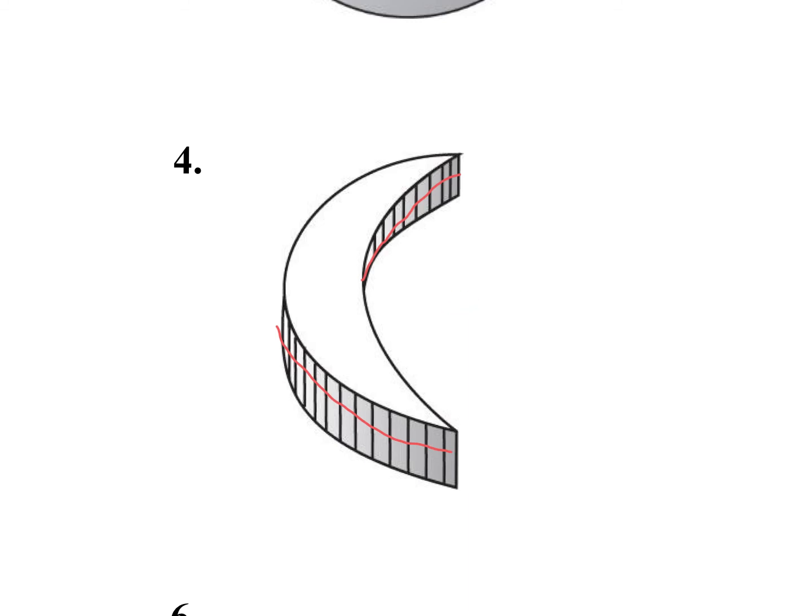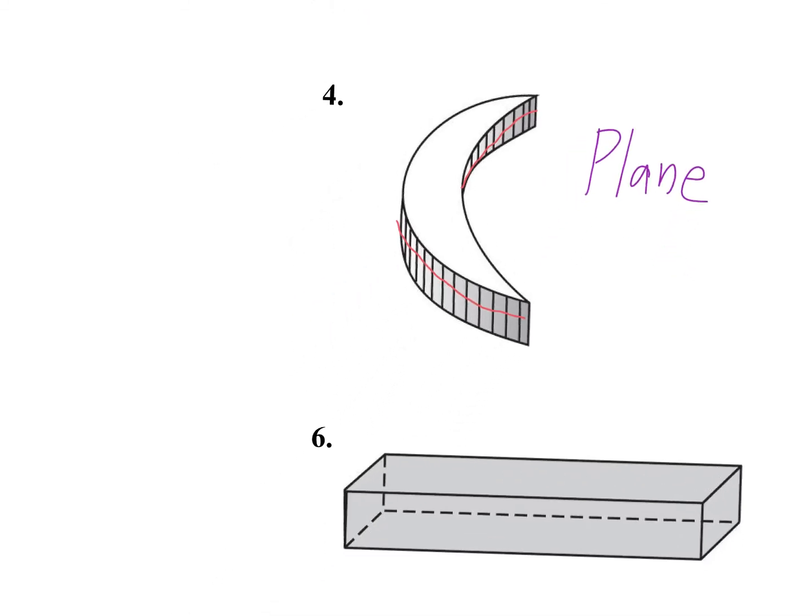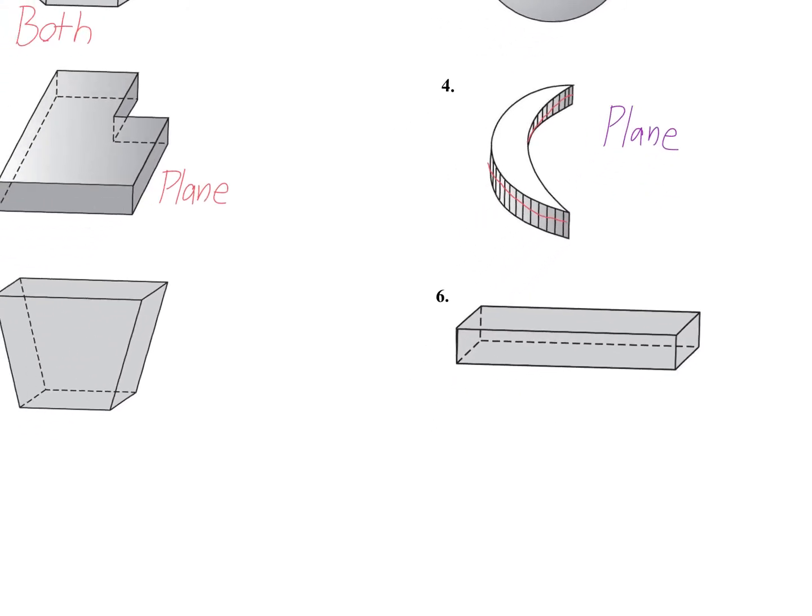If I rotate 90 degrees, my crescent moon will be like that. Rotate 90 degrees again, I'll get it like that, and again, like that. But none of those are the same general figure. So this crescent moon will have plane symmetry, but it will not have rotational or axis symmetry.